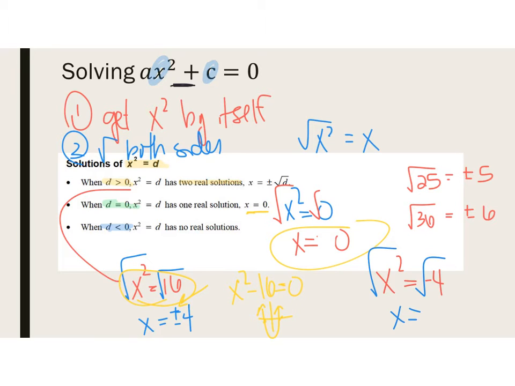The whole point of a square root is something times itself that makes that number. Nothing times itself will ever make a negative number. Anything times itself will make a positive number. So we're going to say no real solution. It does have a solution, but it's imaginary. This is the same thing as graphing and having your parabola not cross the x-axis.